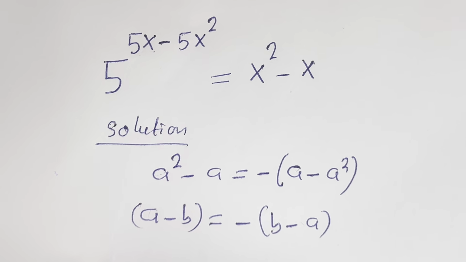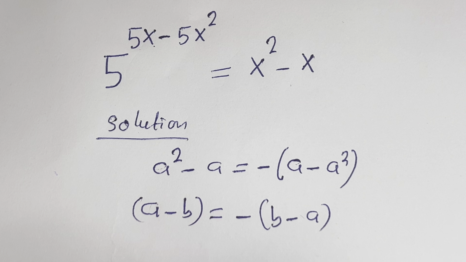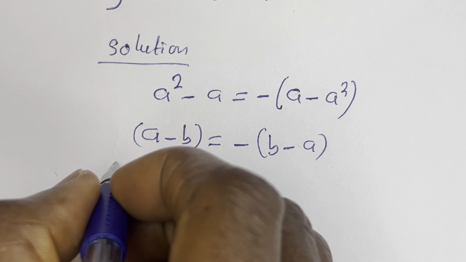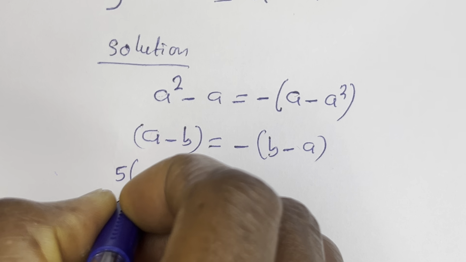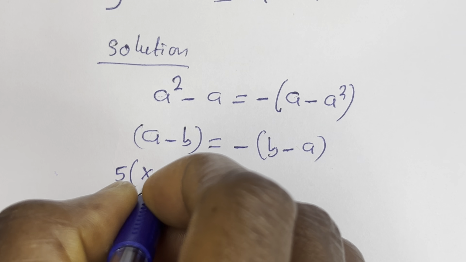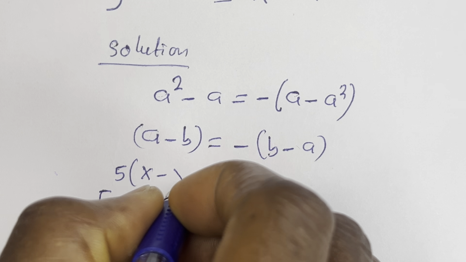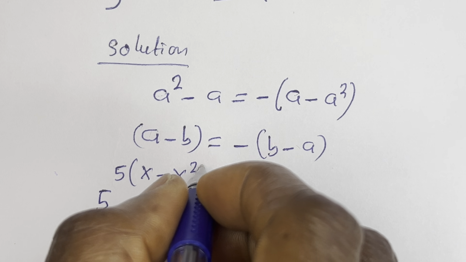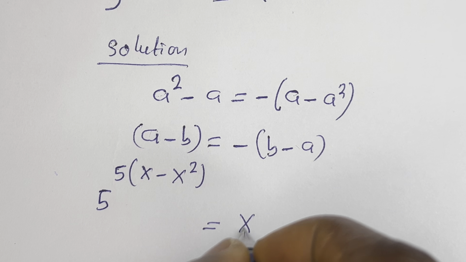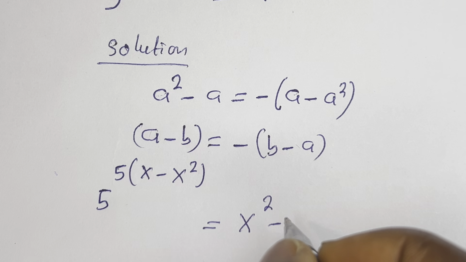5 is common here. We have 5 to the power of 5 bracket x minus s square, then is equal to s square minus x.